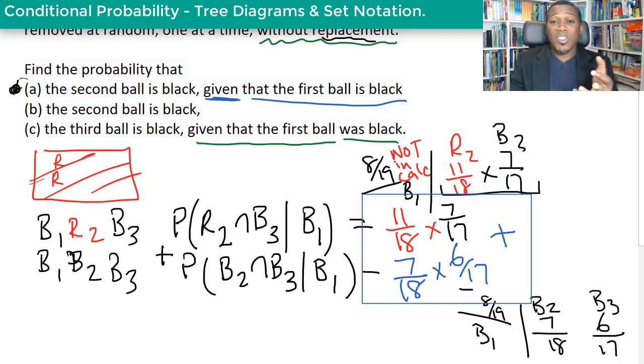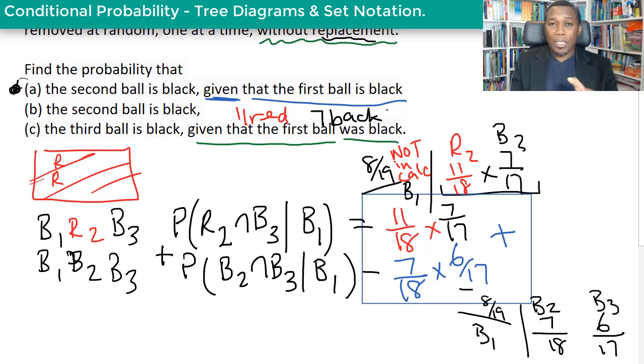All I've done is adjust the numbers for this new reality. If the first ball is black, then you're actually building a model based on the fact of having 11 red. And hopefully this really brings it home. It's 11 red and 7 black.